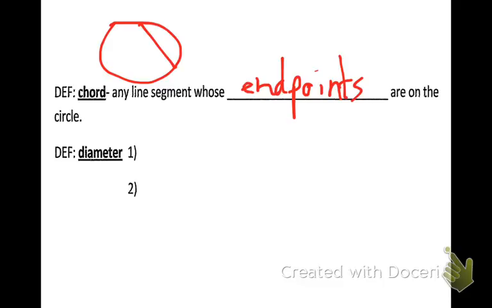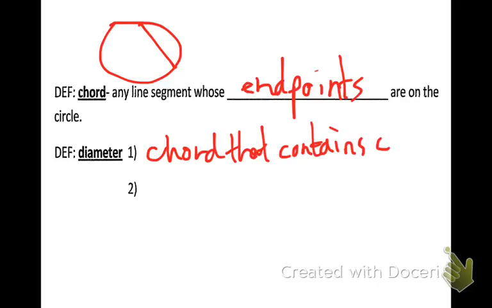In terms of a chord, how could I define a diameter? I can define it two ways. Yeah, that's one way. We can say it's a chord that contains the center of the circle.